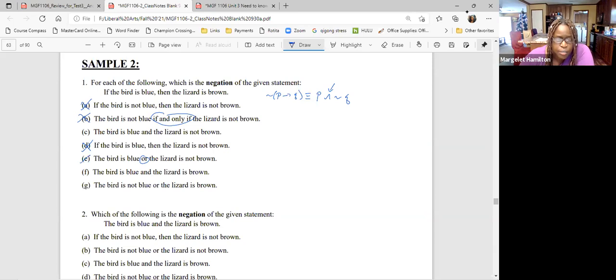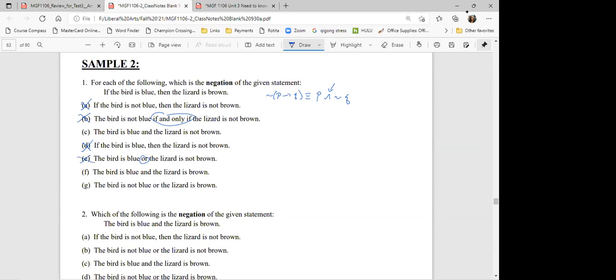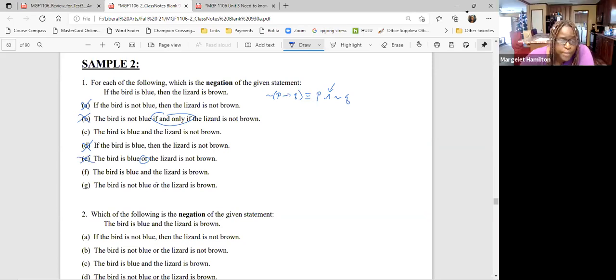Next. Is it any more? G. G is gone. Got an or in it. Can't be my answer. Look at what we did. Did I have to read the stuff? No. All I needed to remember was that this statement negates to an and statement. So I done got rid of 5 of my choices. Now I'm left with 2 statements.